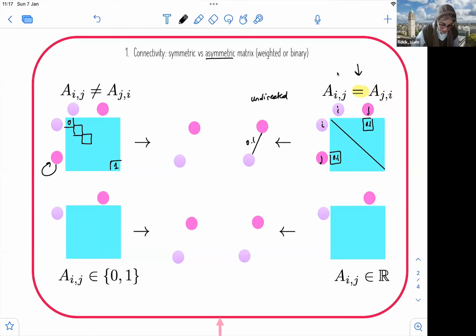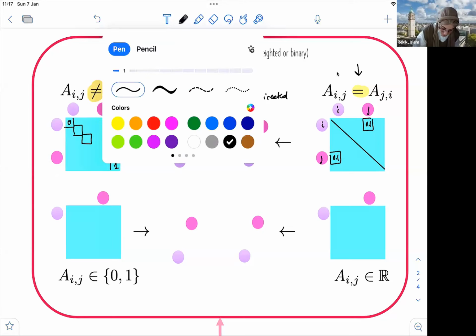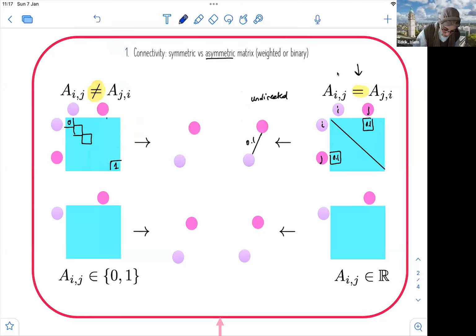Now let's go back to our original problem, which is, is this matrix symmetric or not? So in this case, the matrix is not symmetric. So Aij is different from Aji. So if we take these two elements right here, the first element we can have 0.1, and the second, for example, 0.3.